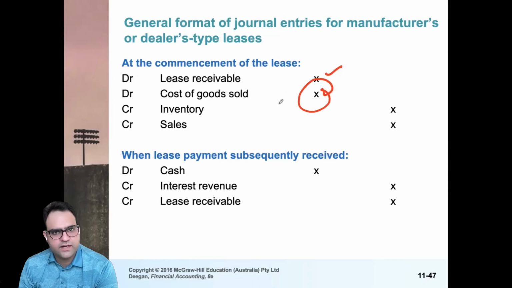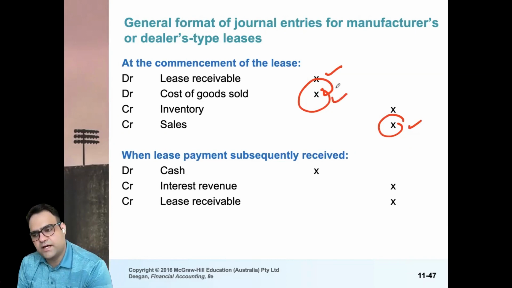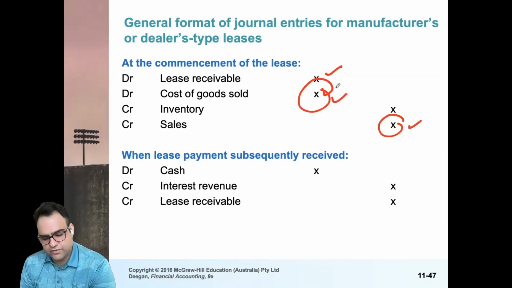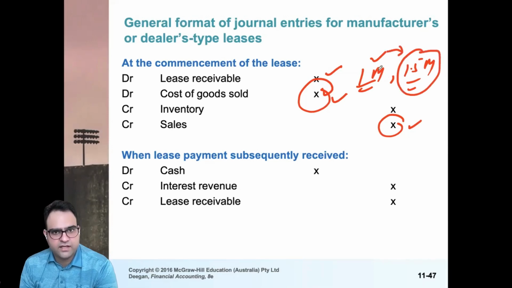Whatever benefit you get, you will be crediting it to the sales, so any gain on the lease over the manufacturing cost. If the manufacturing cost was, for example, 1 million, and you are leasing this car at 1.5 million, of course you will debit the lessee with this amount, but this 0.5 million, which is an additional benefit of the gain, will go to the sales. So it will be part of your sales.